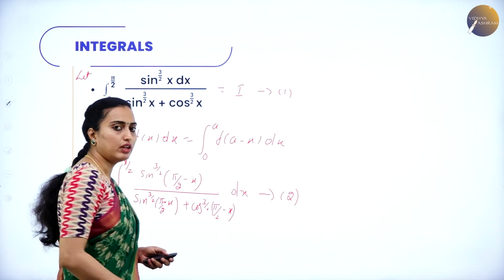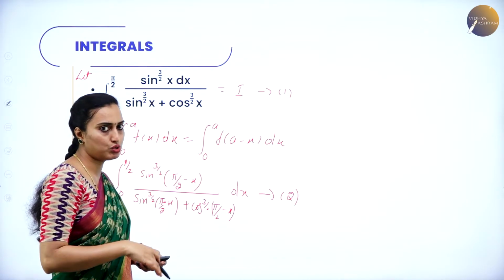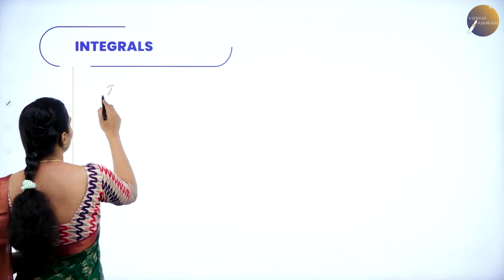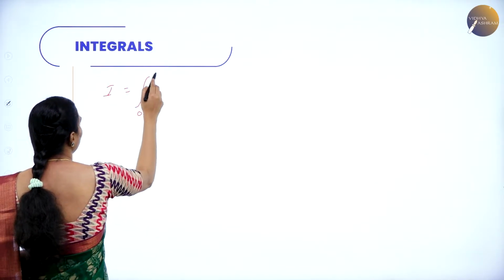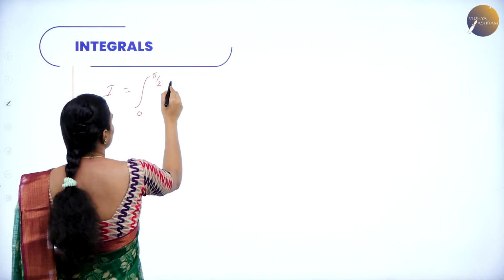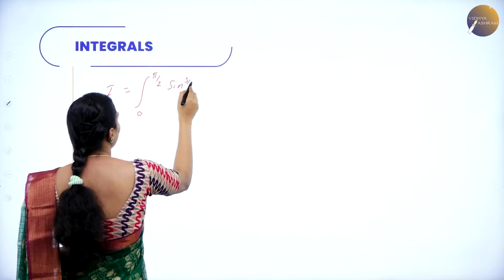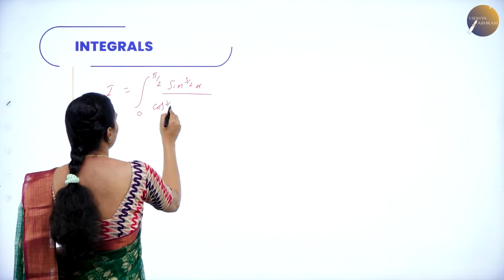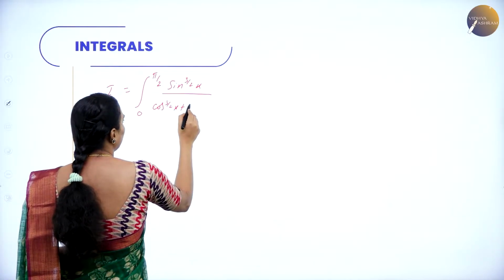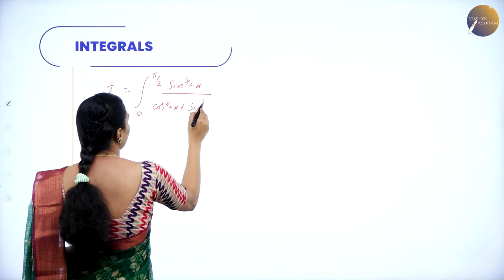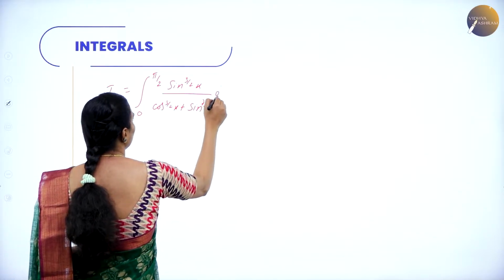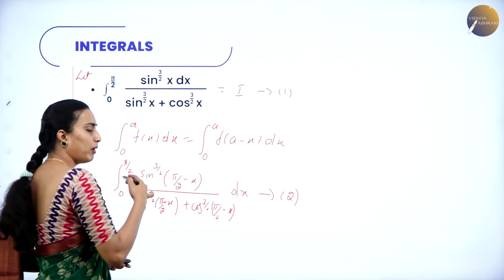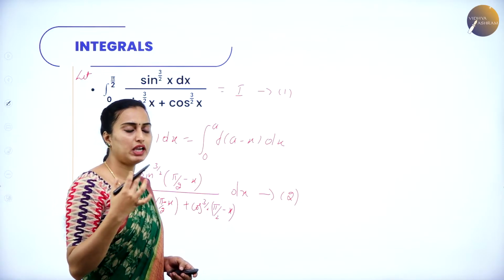Now, you can add equations 1 and 2. On the right hand side, I will be equal to integral 0 to pi by 2 of sine to the power of 3 by 2 divided by cos to the power of 3 by 2 x plus sine to the power of 3 by 2 x into dx. Now dear students, you can observe here, sine of 90 minus theta is what?